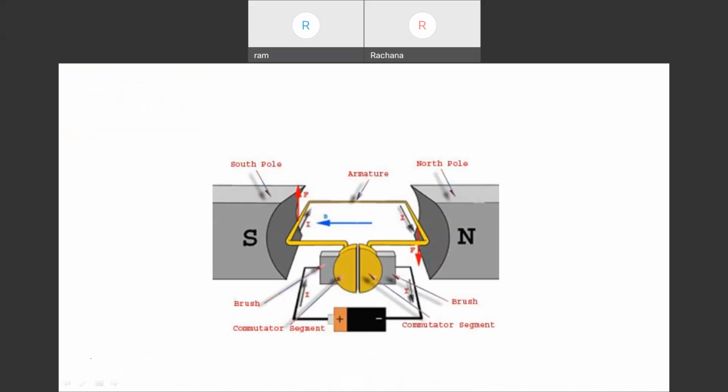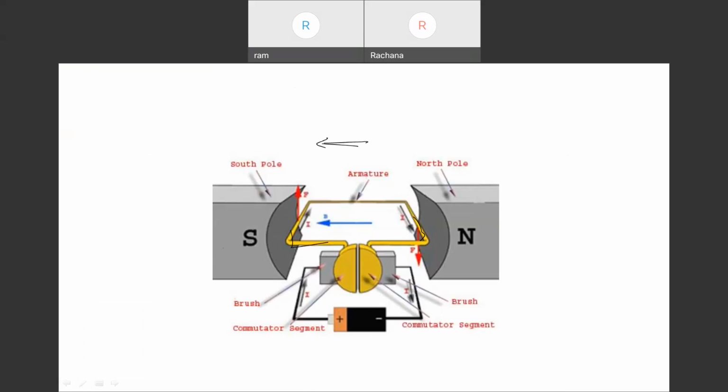Right, here this is a figure showing the operation of a DC motor. So this is the magnetic field. Magnetic field is going in this direction. This is the conductor. This is the armature.